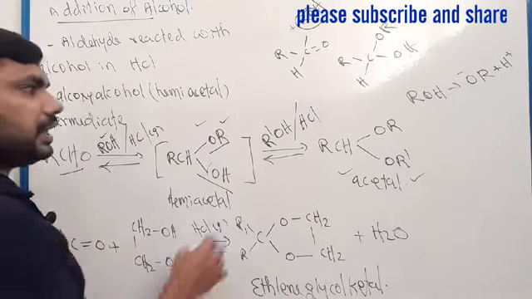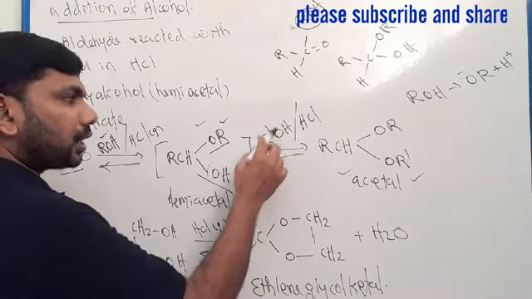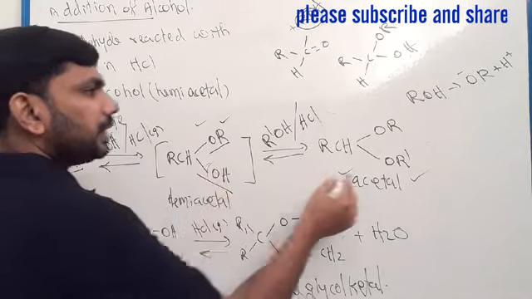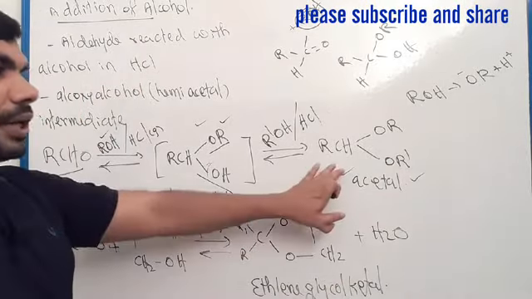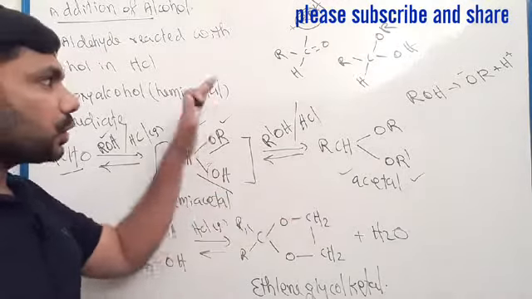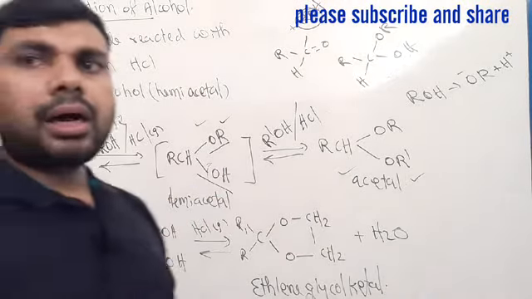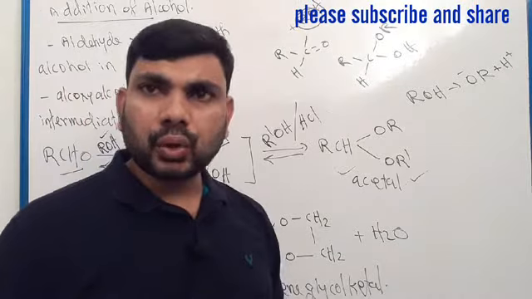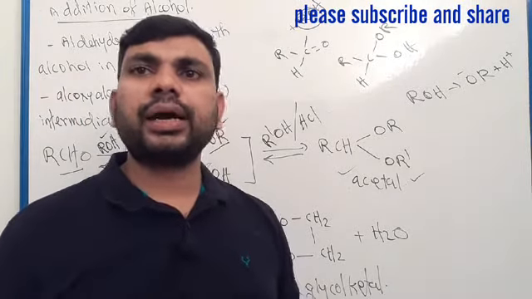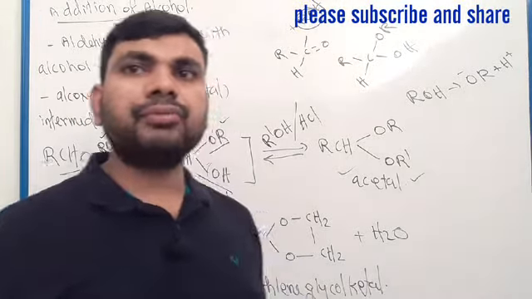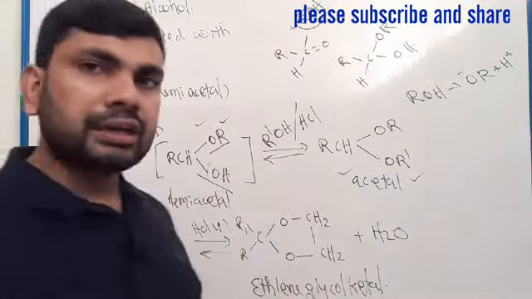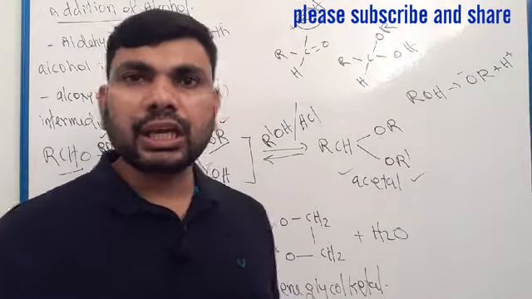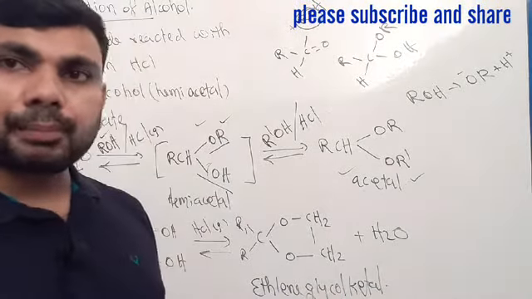This hemiacetal again reacts with ROH, so this part again changes to OR. This is the final product, acetal. So remember, aldehyde reacts with alcohol in the presence of hydrogen chloride gas, hemiacetal is formed. Hemiacetal further reacts with alcohol in the presence of HCl, and acetal is the final product.